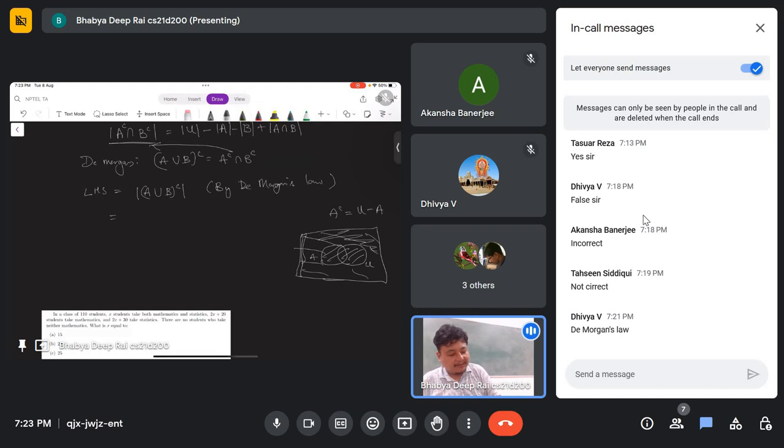This area can also be written as the universe minus the set A union B. Or simply by the definition, you have U minus A union B.